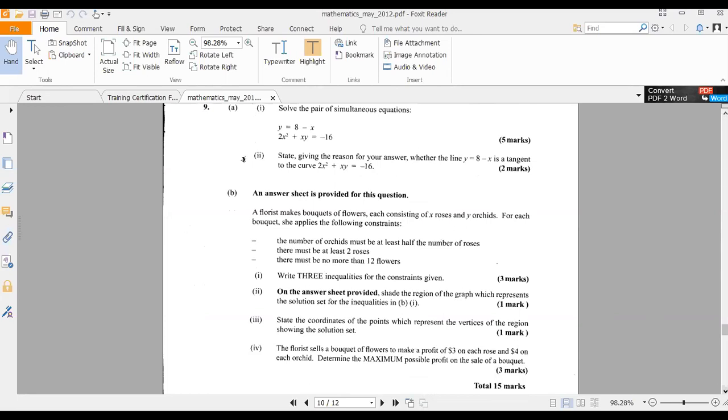I want you to solve y is equal to 8 minus x, and 2x squared plus xy is equal to negative 16. How will I solve this equation for 5 marks? What will I do? Will I solve this type of simultaneous equation?